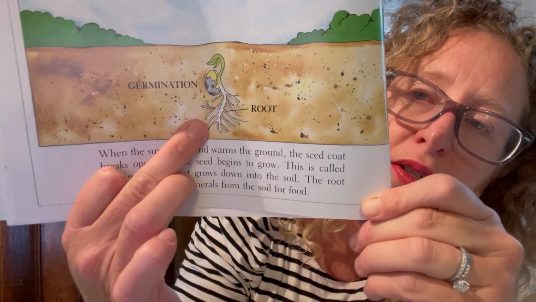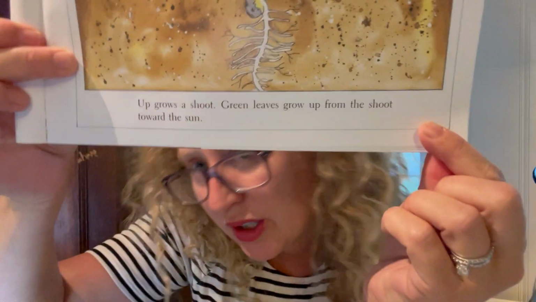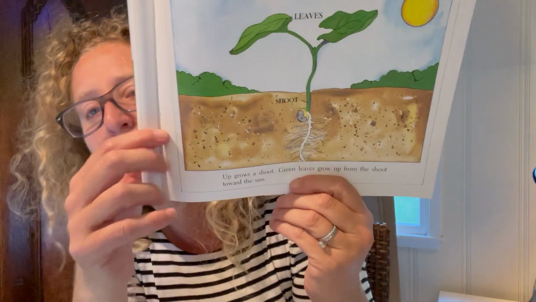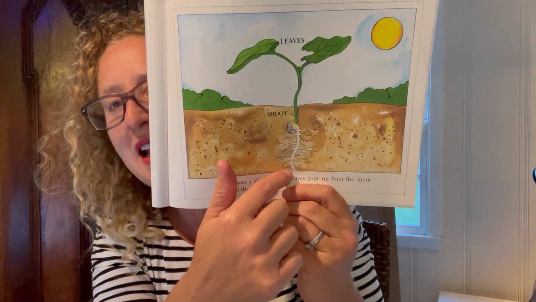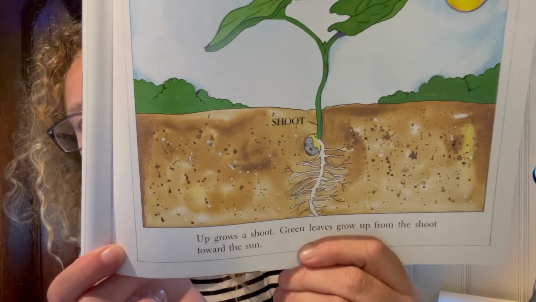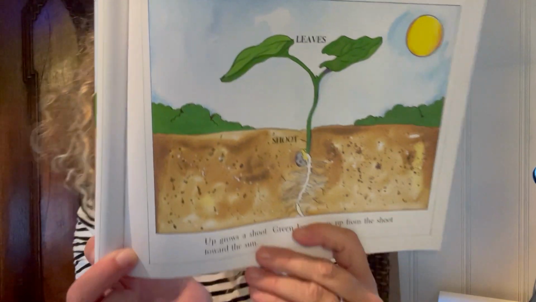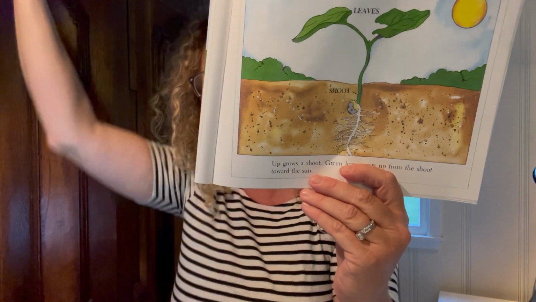There's the root, and here's the word of what's happening, germination. Up grows a shoot. Green leaves grow up from the shoot toward the sun. So the plant's going both directions, up and down, digging into the soil, and also reaching up towards the sun.